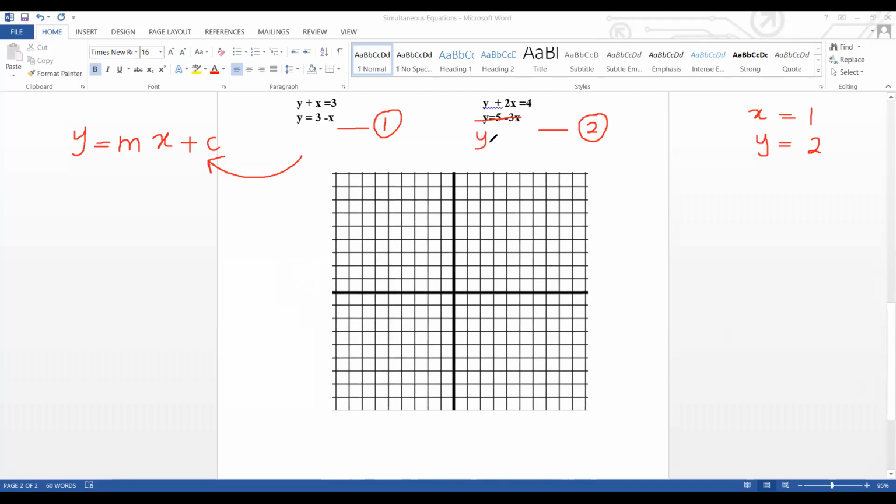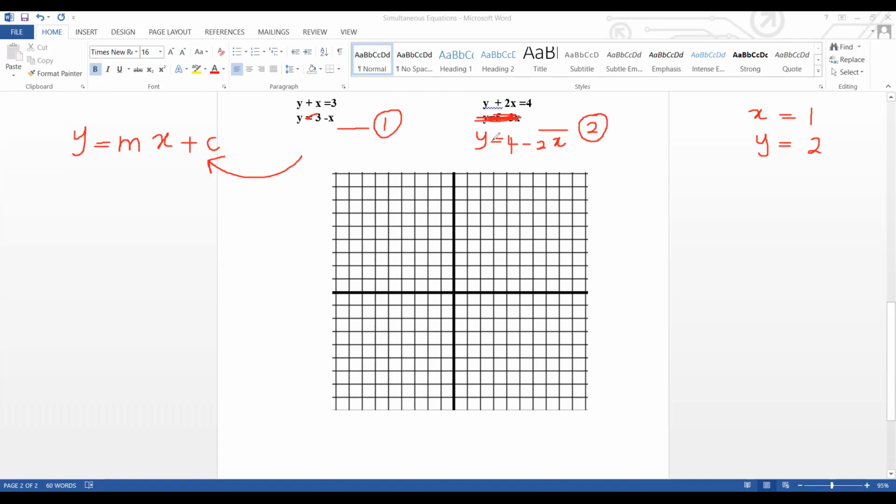Y equals 4 minus 2x, right? So that's the correct one. Okay, now I have two equations. My first one is y equals 3 minus x and my second equation is y equals 4 minus 2x, right?